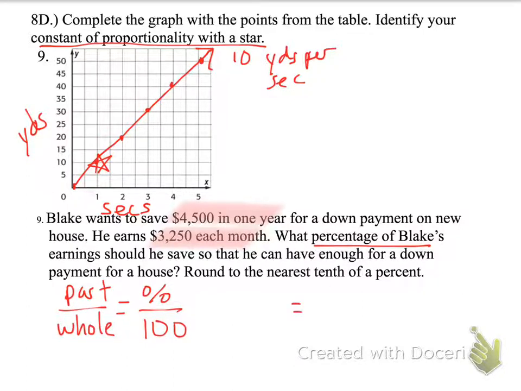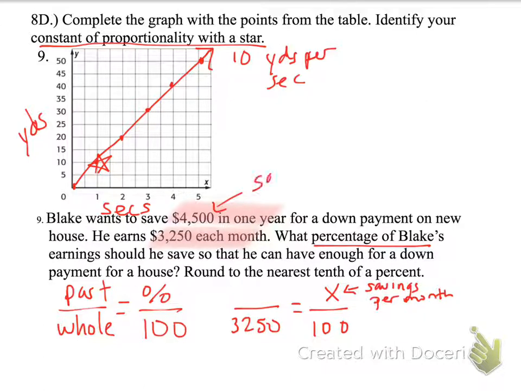So in this case, we don't know our percent over 100, and we know that his income is $3,250. But his percent right here represents his savings per month. Well, it doesn't talk about savings per month. This is savings per year.